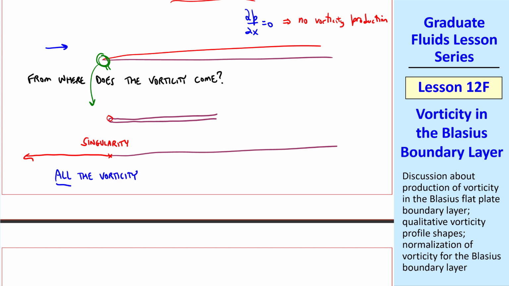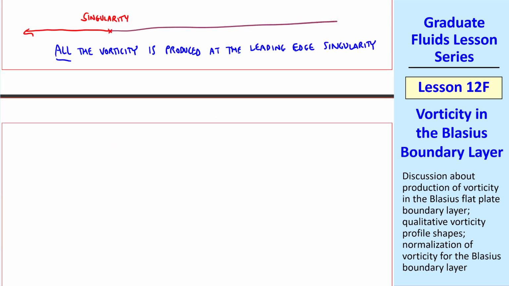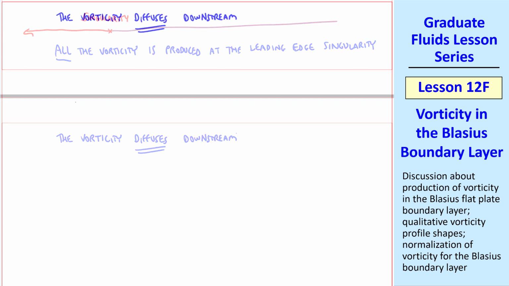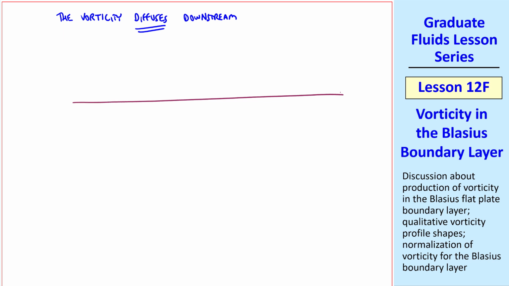In other words, all the vorticity is produced at the leading edge singularity. Once we move away from the origin, or the leading edge, no vorticity is produced anywhere else down the plate. What happens to this vorticity? It then diffuses downstream.